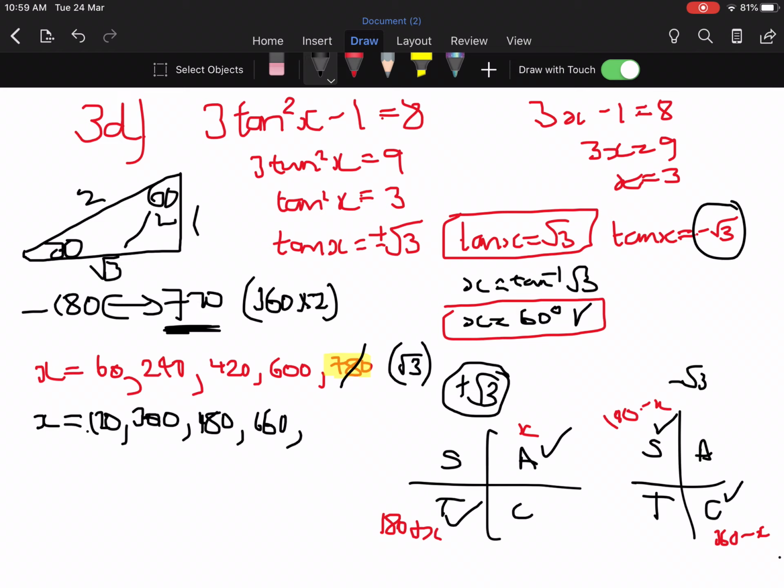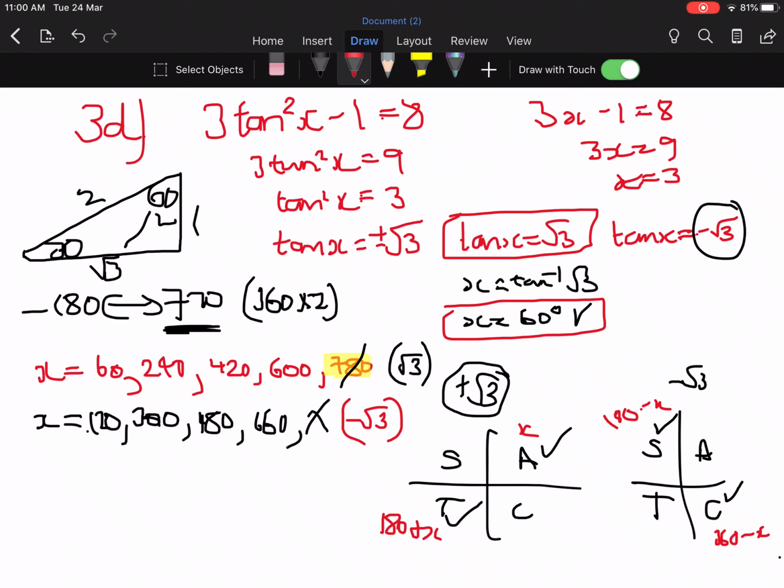And then I know automatically if I go any higher, it's going to be above 720, so I don't need to go any higher. So this one here is negative root 3. So that's the answers to negative root 3. Right, that's given me from 0 to 720.